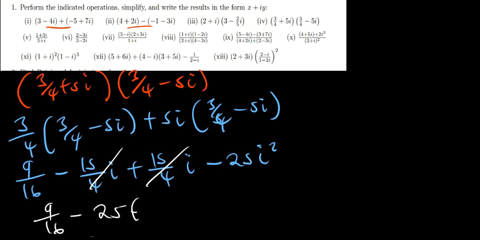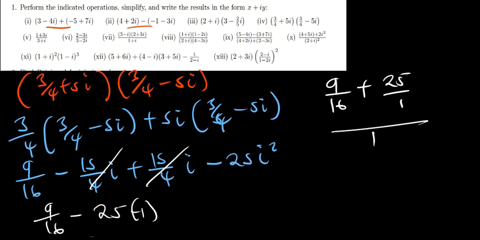i squared is negative 1, so I've replaced that with negative 1. So I'll have 9 over 16 plus 25, because of negative 1 and negative 25. Here there's 1, so the common denominator is 16. 16 into 16, 1 times 9 is 9. 1 into 16 is 16, then 16 times 25 is 400.